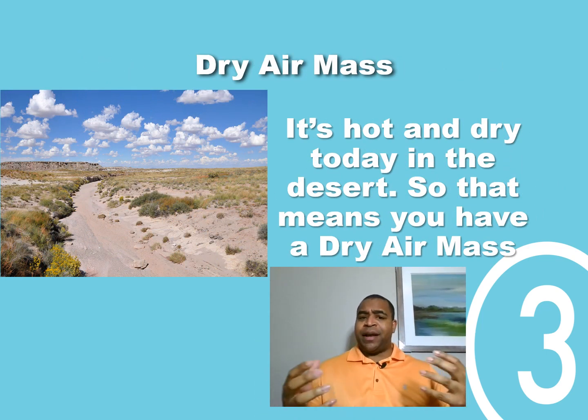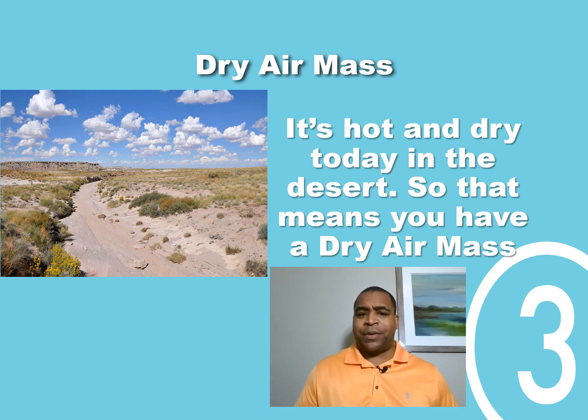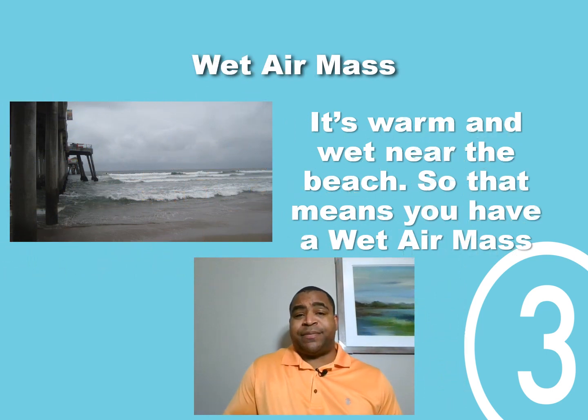So, speaking of hot places like the tropics, dry air masses are found in places where it's really warm and dry. Think of a place like a desert, for example. That's usually where you would find a dry air mass. Some place that's maybe wet, for example, maybe like a beach, and you saw a storm that's approaching.